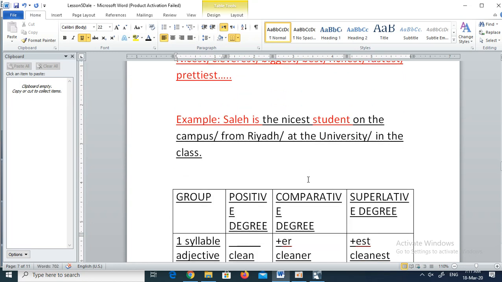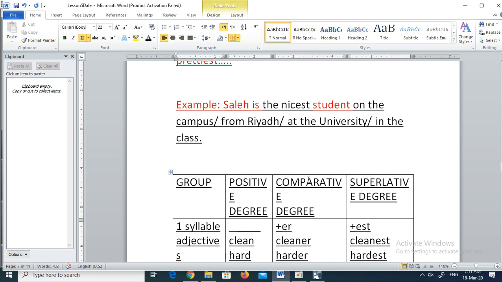Now, in English, there are certain rules about taking the positive form of the adjective, which remember, I said to you, is the simplest, easiest, most basic form of the adjective, the positive degree, and turning the positive degree into either the comparative degree or the superlative degree.